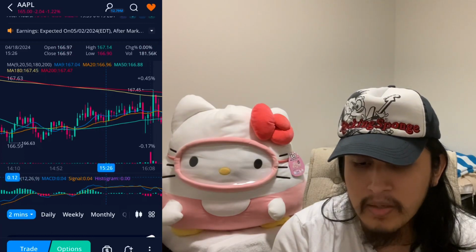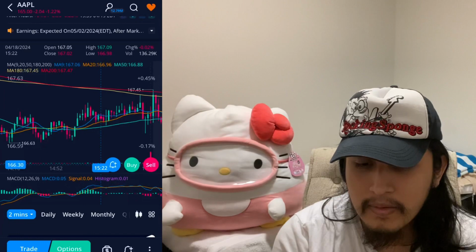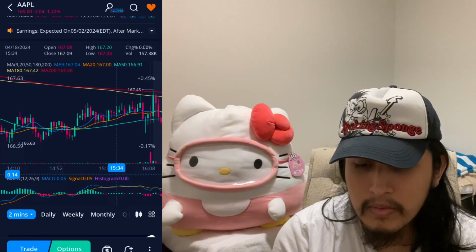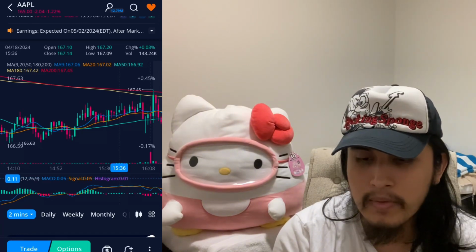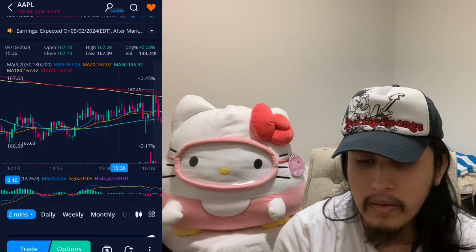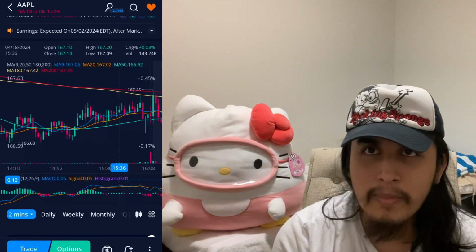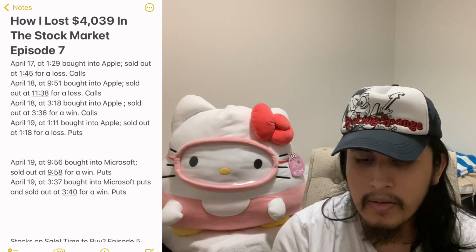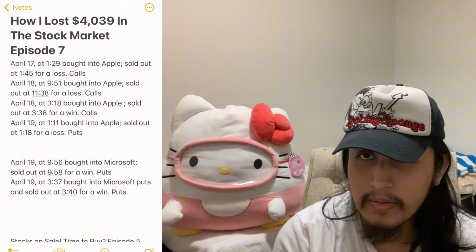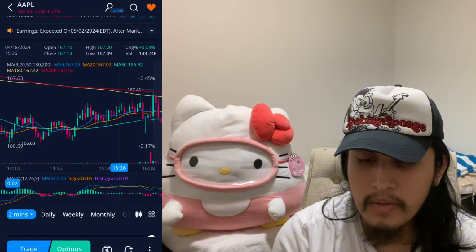Around 3:36, right here, I think I sold at 167.11. I didn't sell at the high of 167.20, but I exited with a win on Apple, and I was pretty surprised. I was like, okay, that's pretty good. That was how that trade went.